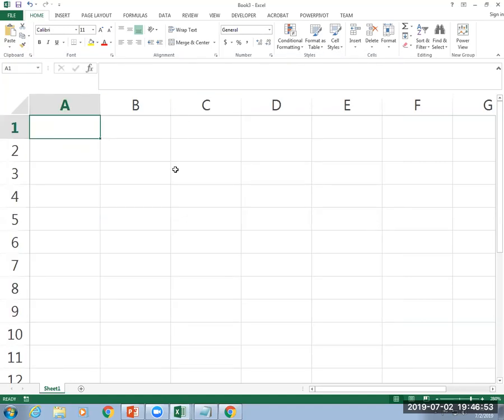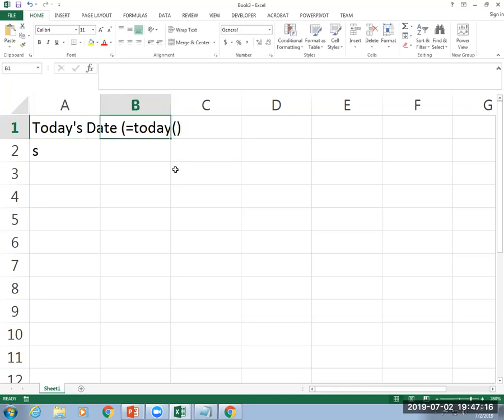So the first thing that I'm going to tell you is that if you want to figure out what today's date is, there is a special command called equals today. So I'm going to say today's date, equals today, open, close, paren.